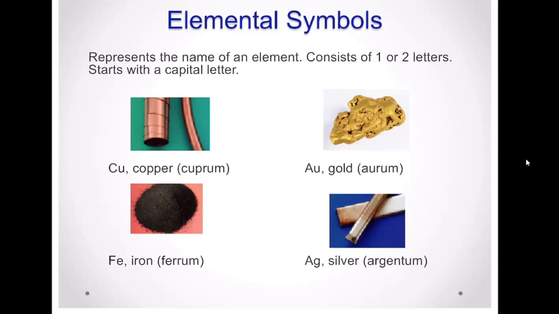Hopefully you came up with Argentina, which has argentum in its name. One of my favorites, not on this slide, is the symbol for lead, which is Pb, which stands for plumbum. That was Latin for waterworks, when they used lead pipes. Pb, plumbum.